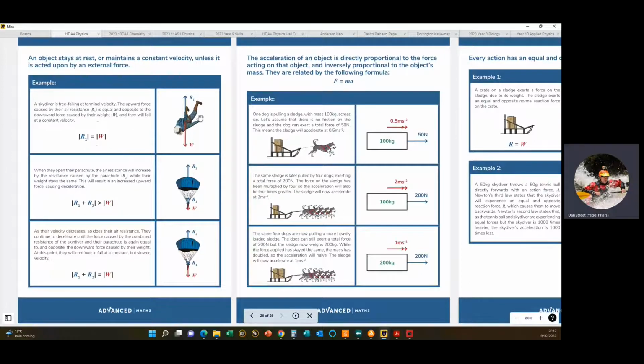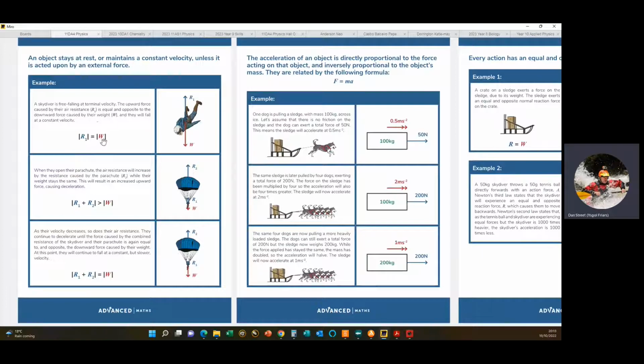Okay, so this parachutist here is in free fall. However, from this equation here, we can see that he has reached terminal velocity because R1, which is the air resistance he has experienced due to his speed, is equal to W, which is his weight, and his weight is the effect of gravity on his mass.